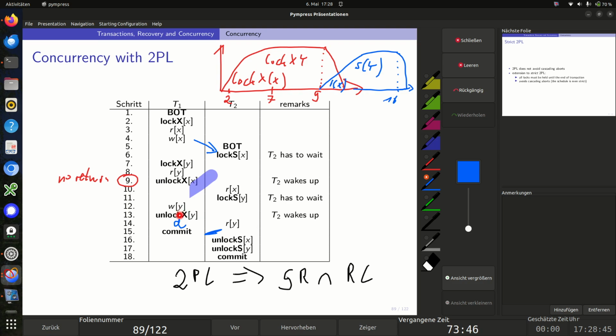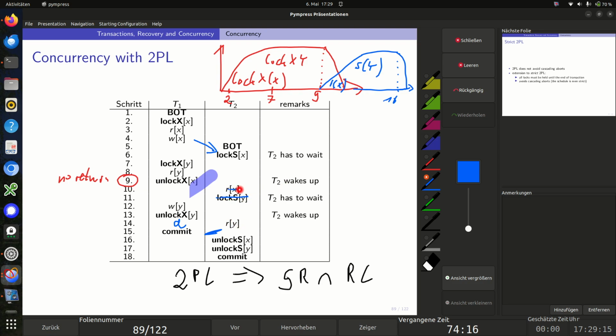The shrinking phase is a real phase and does not happen suddenly. We release the locks step by step, so the other transaction can start and might already read from the other transaction. This means 2PL does not ensure avoiding cascading aborts, so an abort would mean we would have to abort all the transactions that read here.